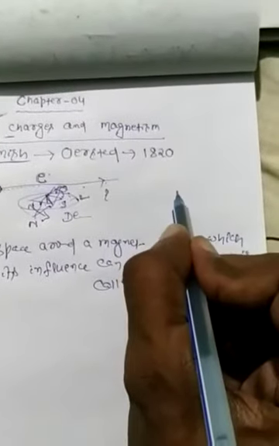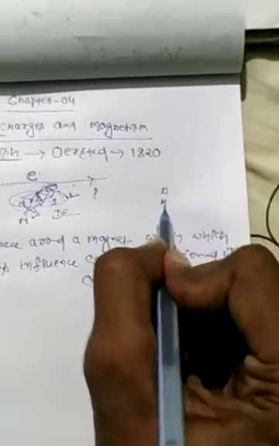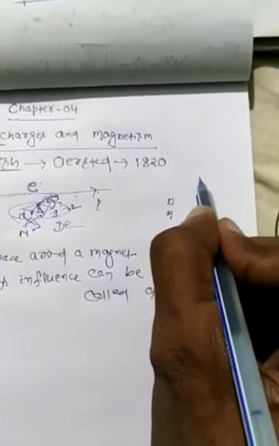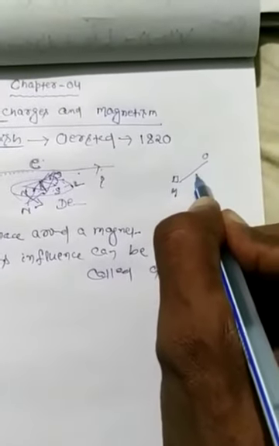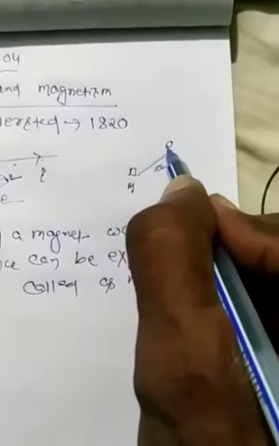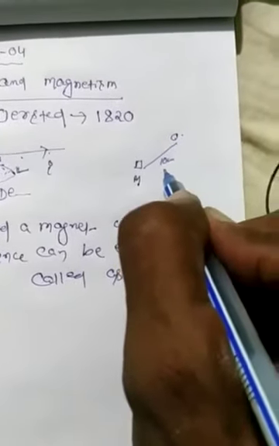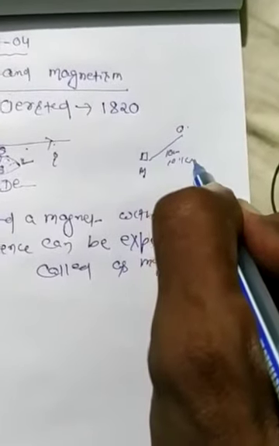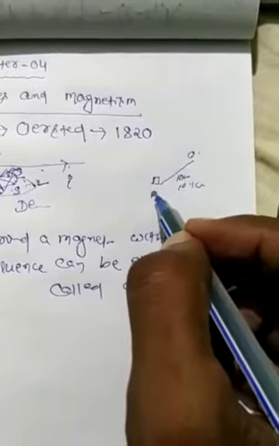For example, this is a magnet and that magnet attracts a piece of iron at a distance of 10 centimeter. When we move the iron piece to a distance of 10.1 centimeter, the iron is not attracted by the magnet.